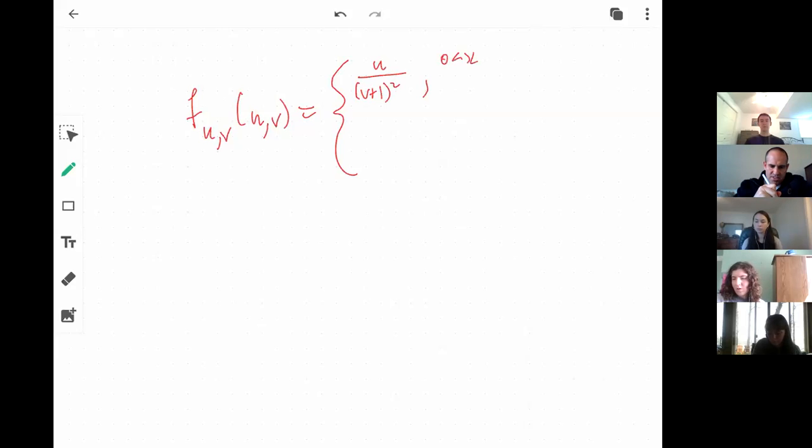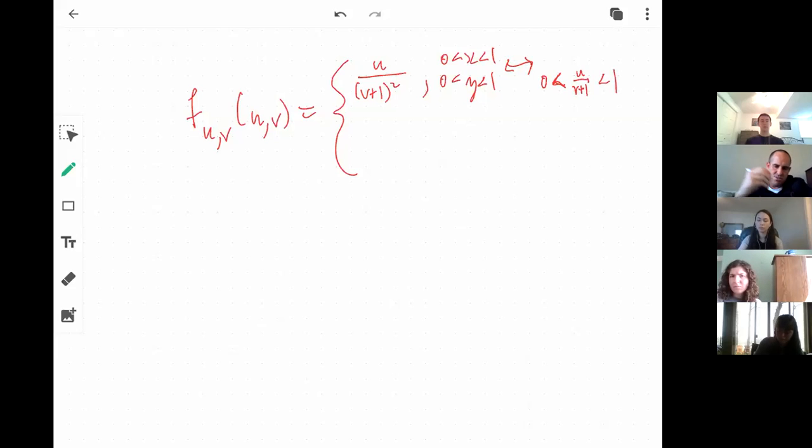This was 0 less than X less than 1, 0 less than Y less than 1. But what does that translate to in terms of U and V? What's Y equal to? Didn't we come up with that? U over V plus 1, I think. I think so.